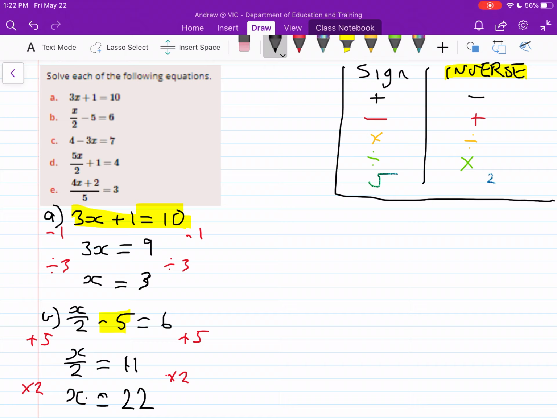Take a note of the difference between my multiply signs and your x's. It's a really good habit to get into, so you can tell the difference of when you're multiplying and when you're writing the letter x. So that's how to do A and B.